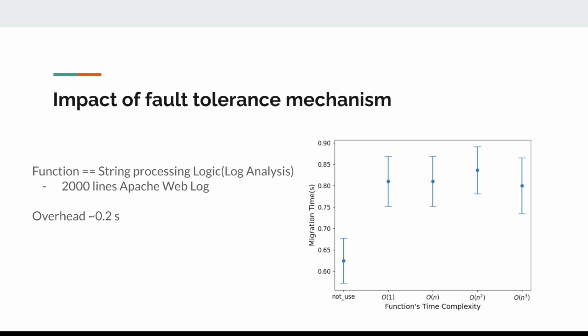So we can see that when we use the fault tolerance logic, there is some overhead, but it's relatively small, around 0.2 second, and it is linear regardless of the time complexity of the log analysis function.